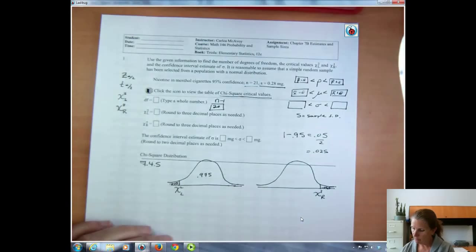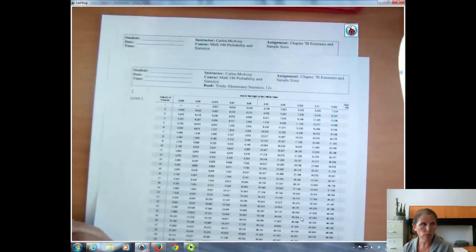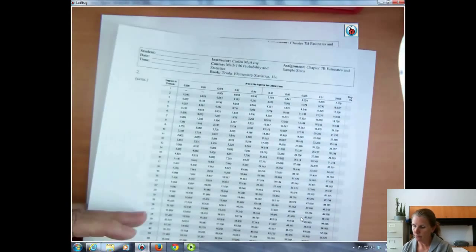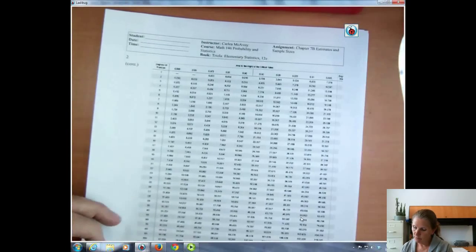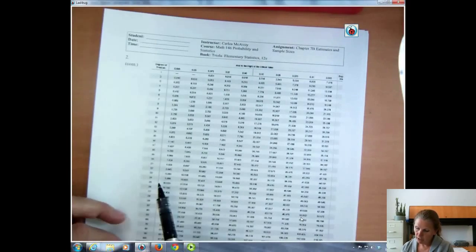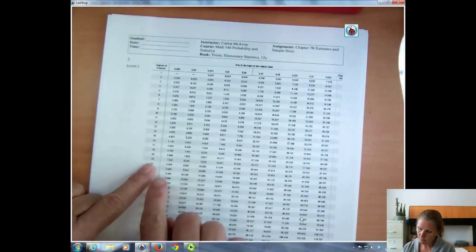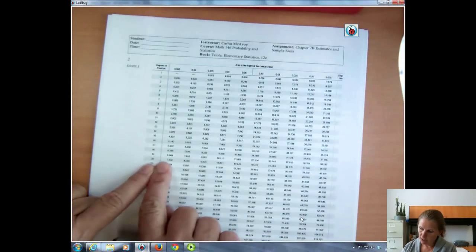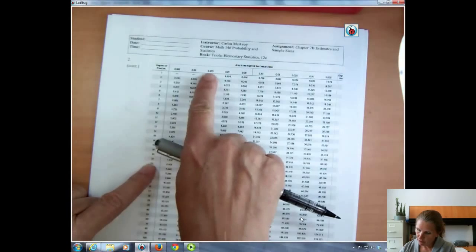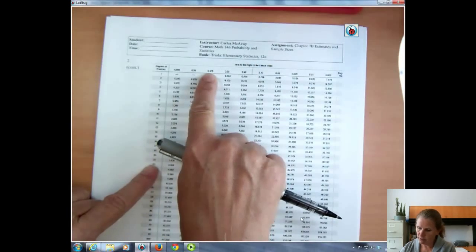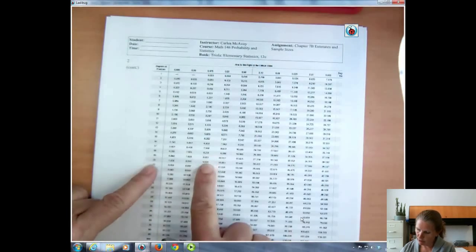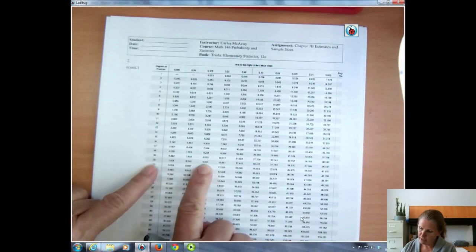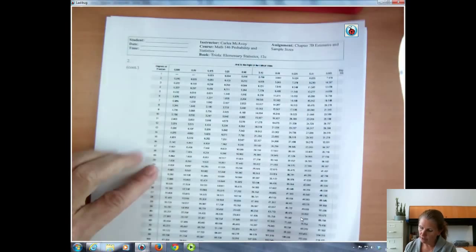If I look at my chi-squared table, which is available to you on the computer, I'm looking at a degrees of freedom of 20, and then I go over to 0.975 up here at the top. It's hard to read. Hopefully it'll be better on yours. If I come straight down, I get 9.591 for my left value.